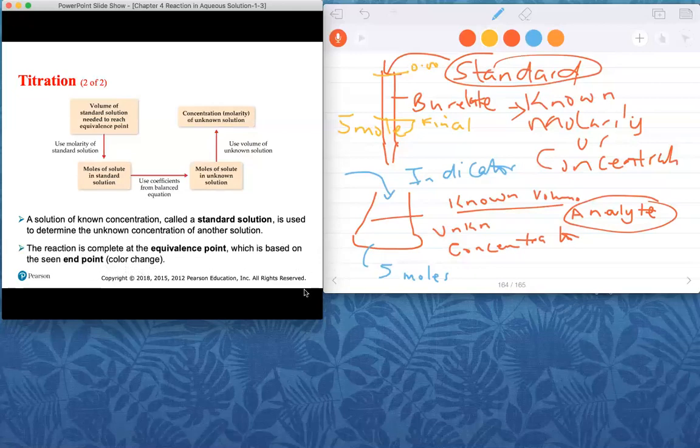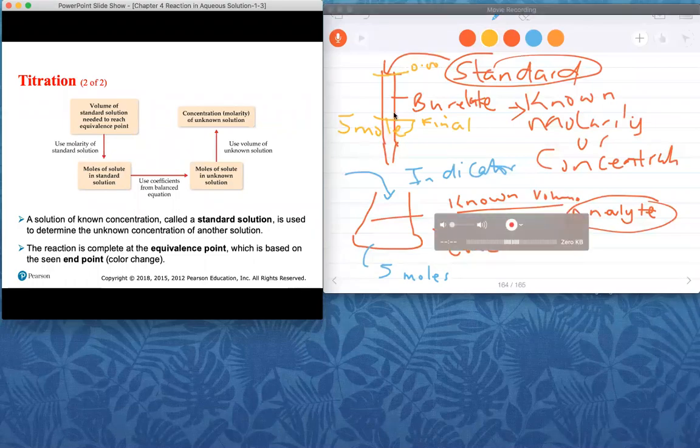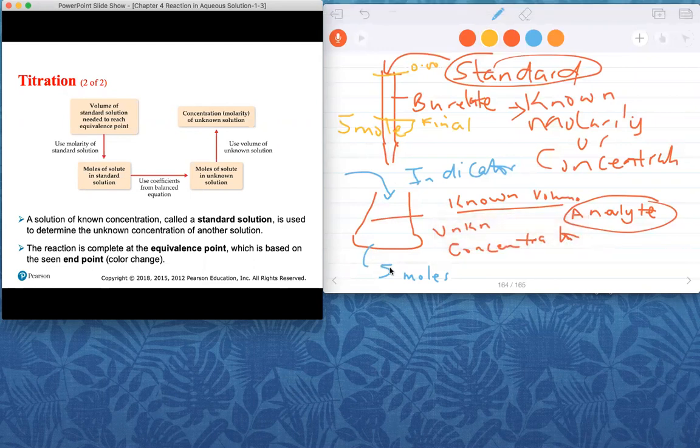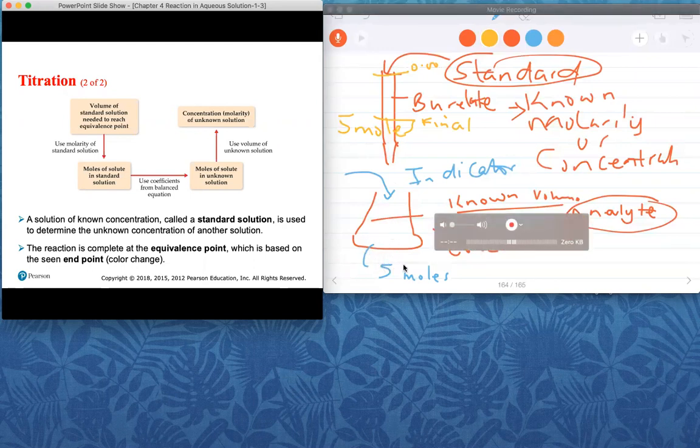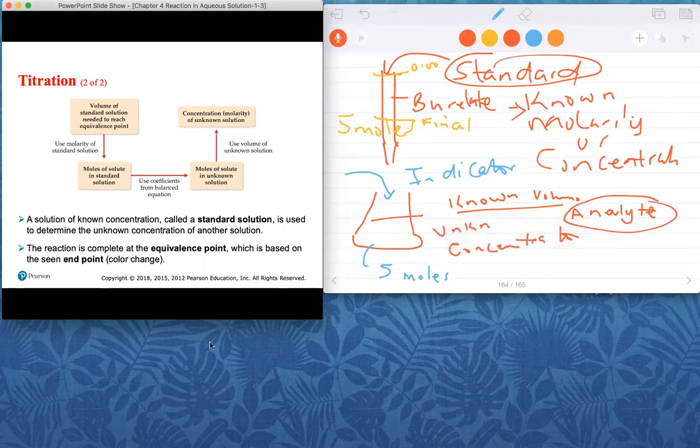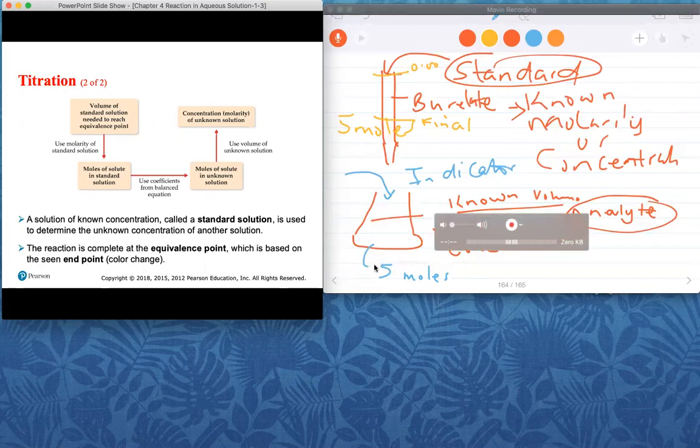The equivalent point I mentioned earlier, you have to know, and this is going to come up in Chem 2. The equivalent point is a point during the titration where you will have dispensed an equal amount, or you will have neutralized completely, if it is acid-base, the number of moles of the analyte. We call that equivalent.